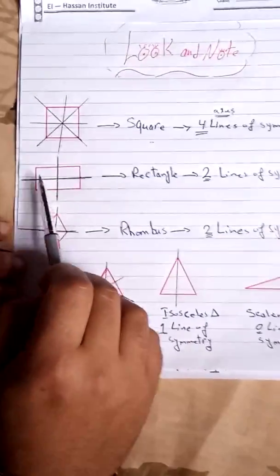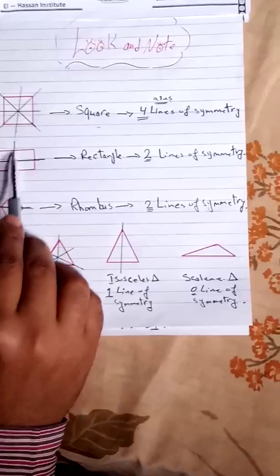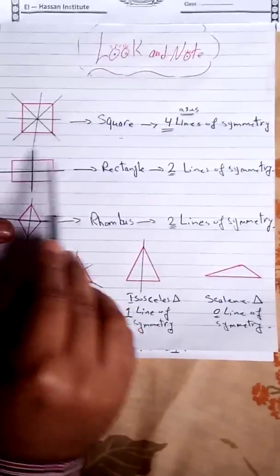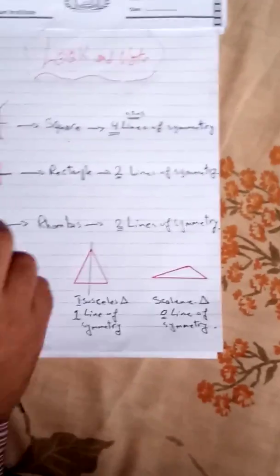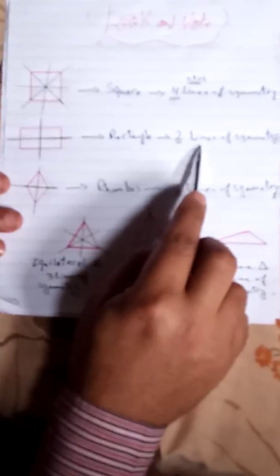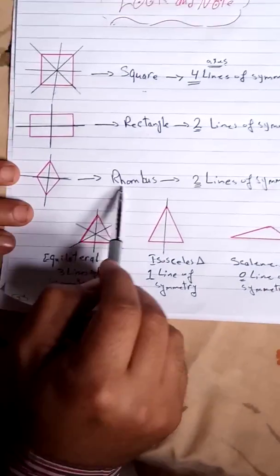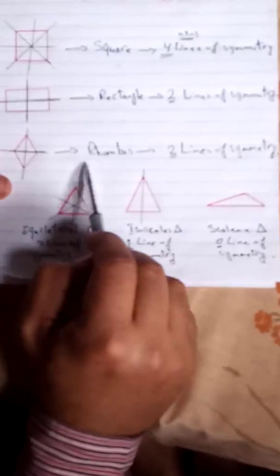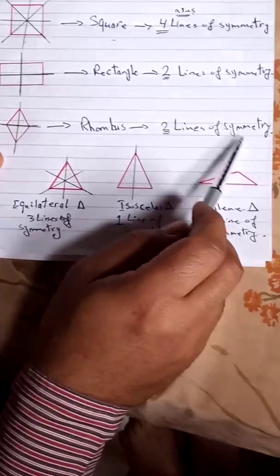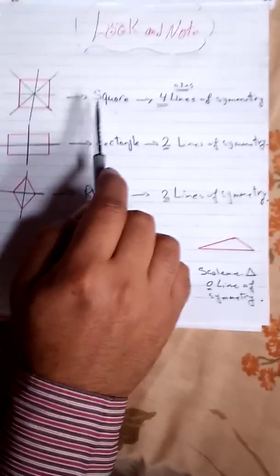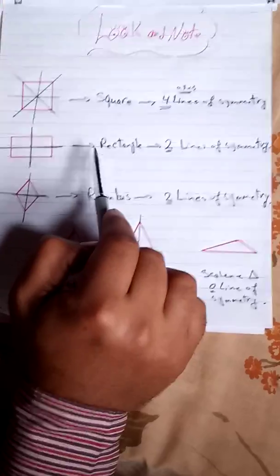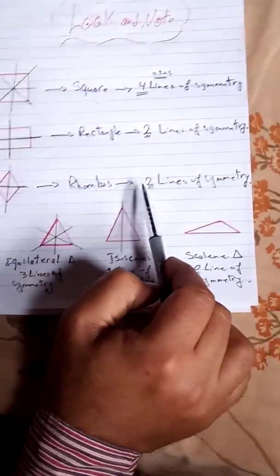A rectangle, as we saw before, has just 2 lines of symmetry. So square has 4, rectangle has 2 lines. Rhombus also has 2. Repeat after me: square 4 lines, rectangle 2 lines, rhombus 2 lines.